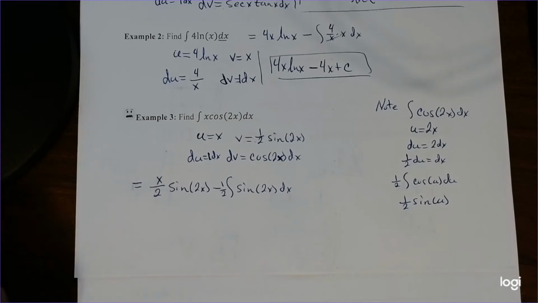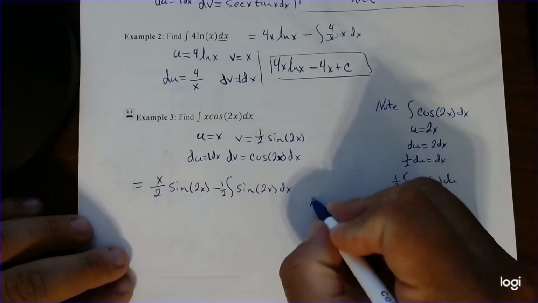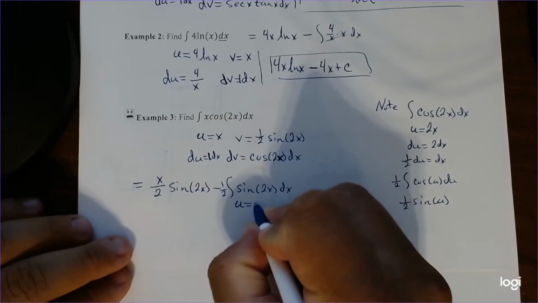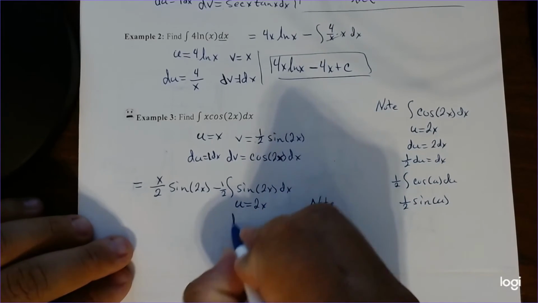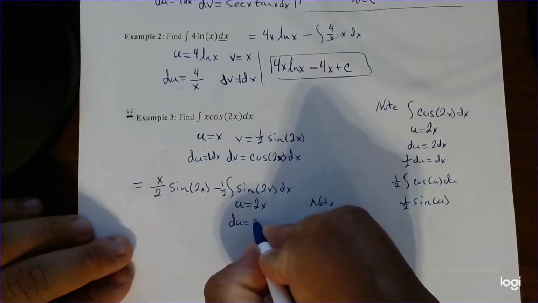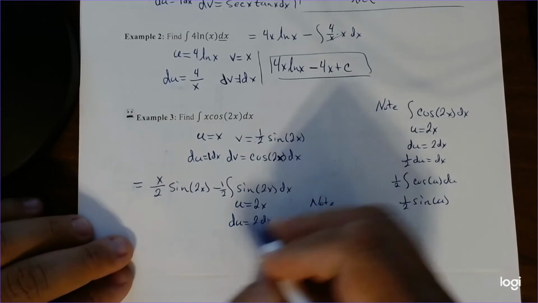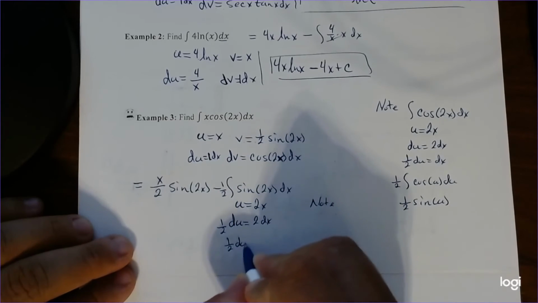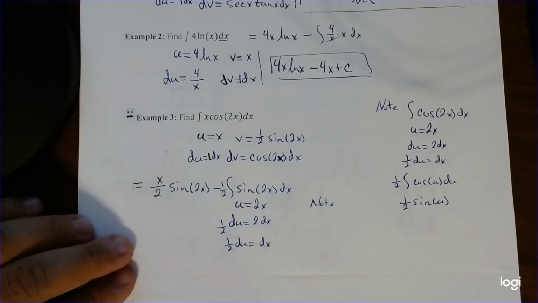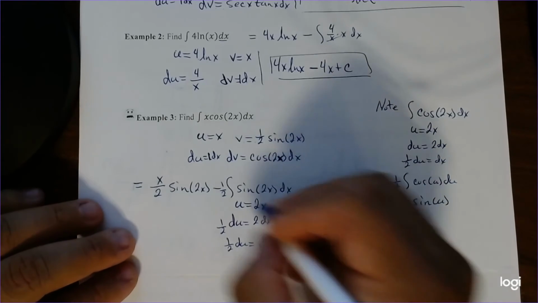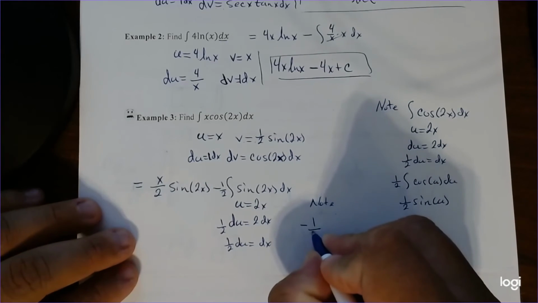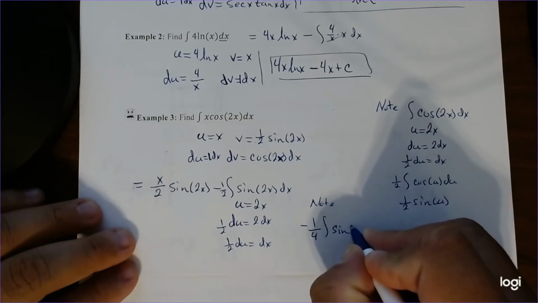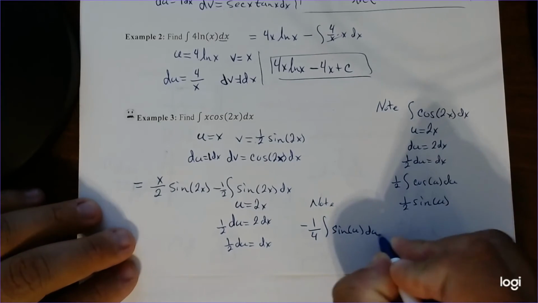So again, a little note, because we now have to take an integral of this. So we'll have u equal, again, 2x. Therefore, du is equal to 2 dx, so 1/2 du is equal to dx. So we're now plugging that in. This is negative 1/4 times the integral of sine of u du.